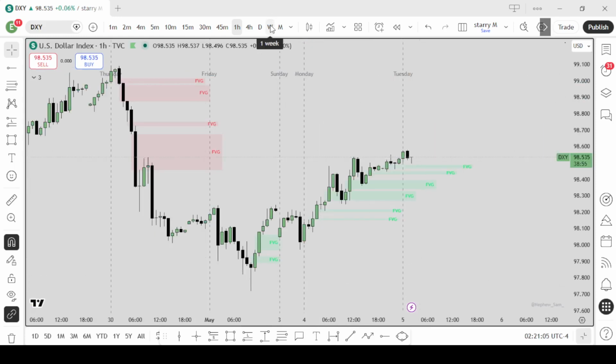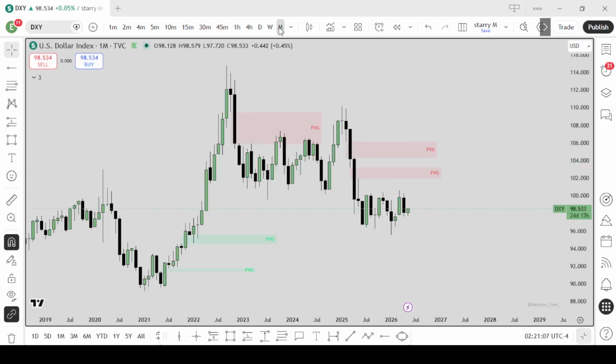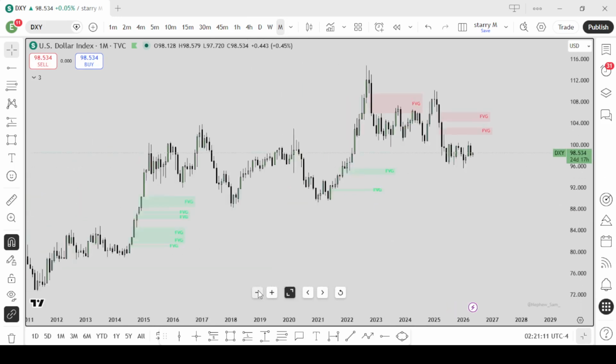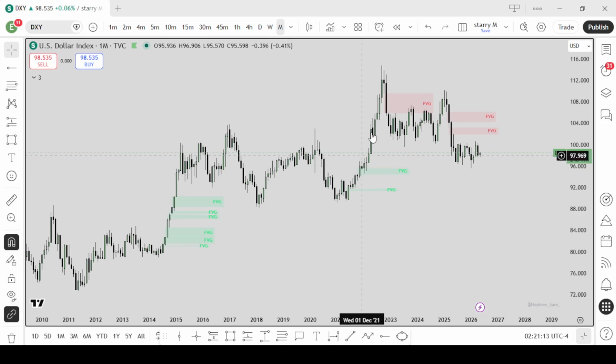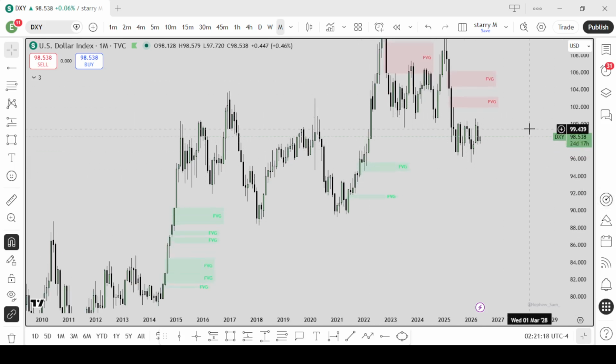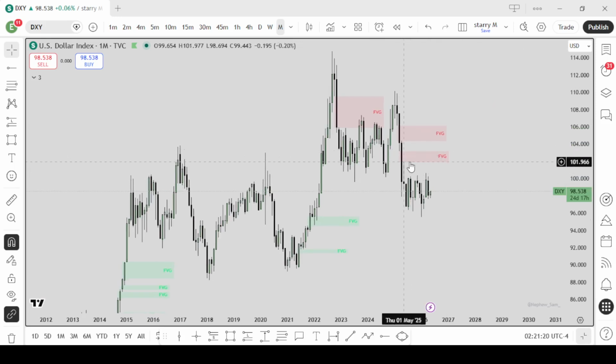In the DXY, we are very, very bullish, as you can see, and there are so many orders here, so we need to actually buy up until these areas.